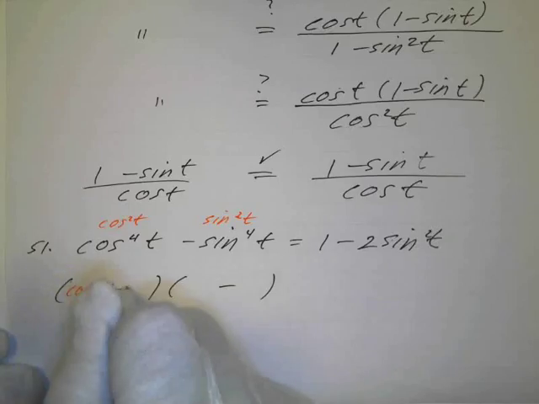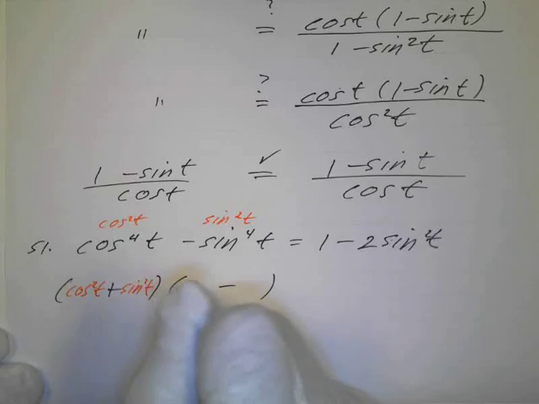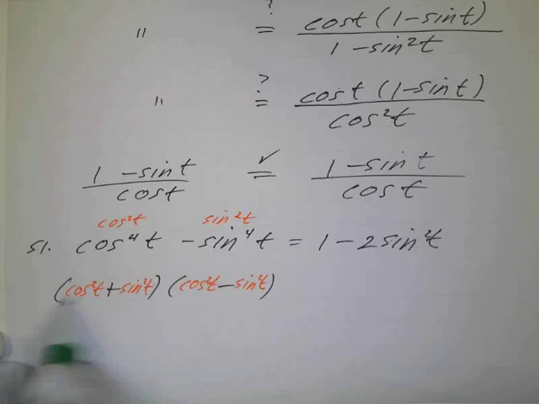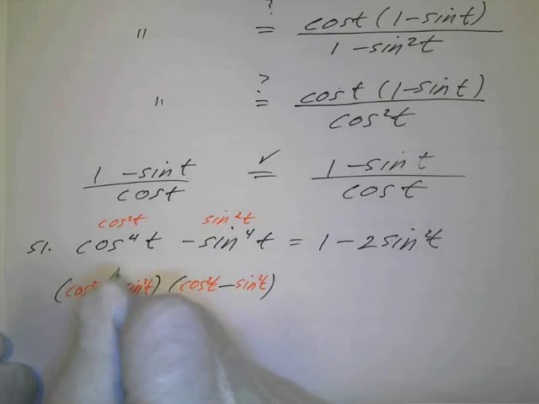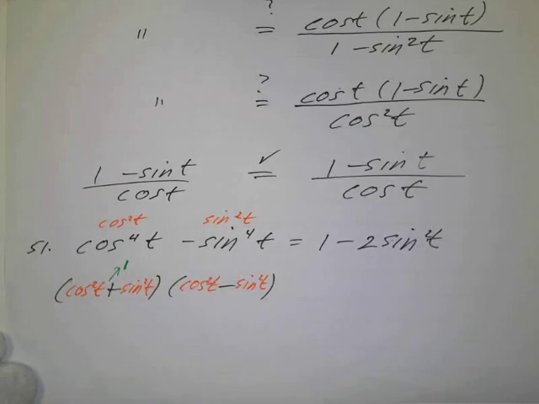So it's going to be cosine squared of t plus sine squared of t, times cosine squared of t minus sine squared of t. Well, what's this? Yeah, that's our good old Pythagorean identity. That's 1. So this is all I've got.